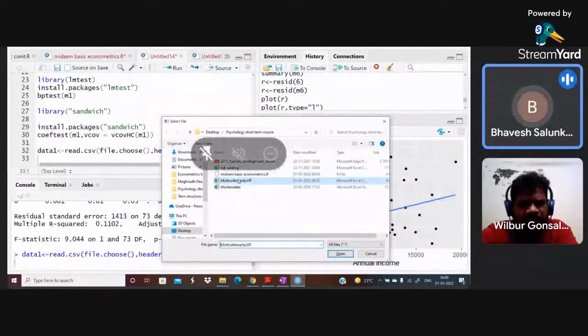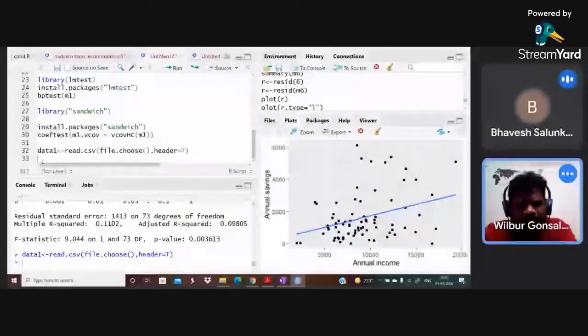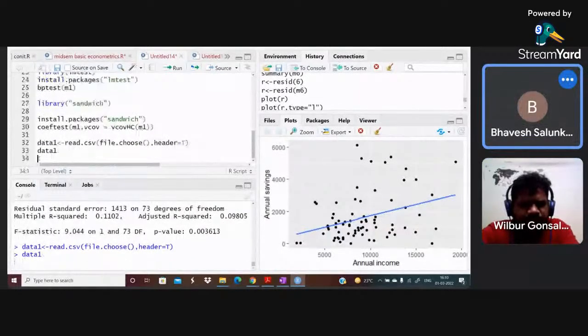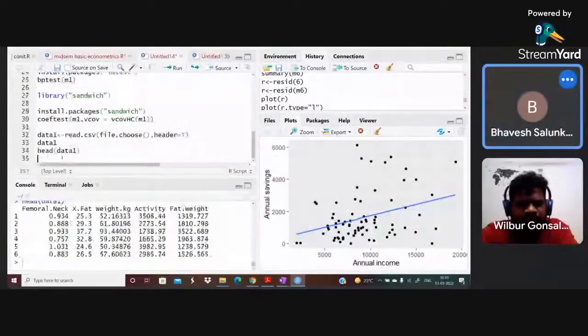So I click on that file, which I want to read over here, and just open it in R. So this data one, I type head data one. These are the variables that we are including in our model.